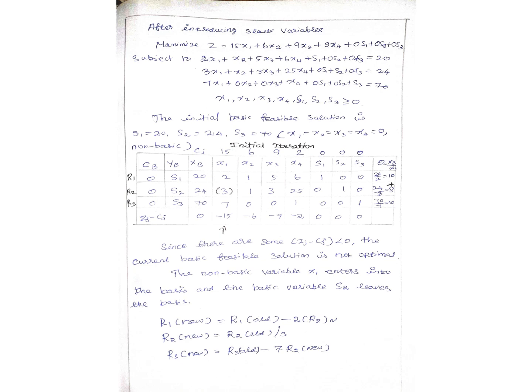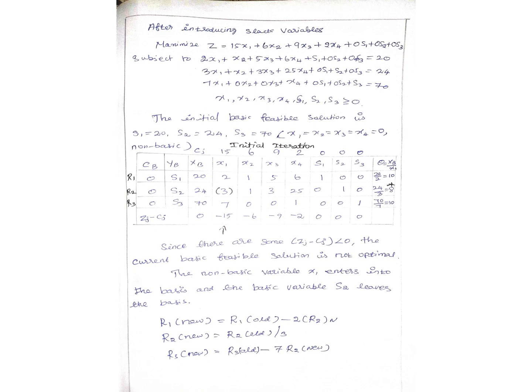Then we have to find the Zj minus Cj. The formula for Zj minus Cj is the sum of Cb times Xij, minus Cj. So here we multiply Cb into x1 minus the Cj value, that is 0 into 2 plus 0 into 3 plus 0 into 7 minus 15.